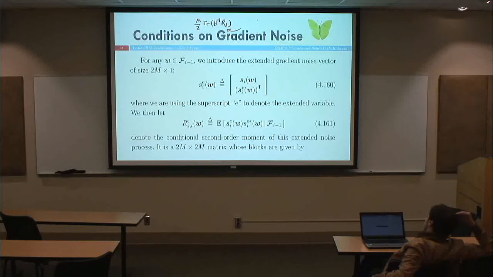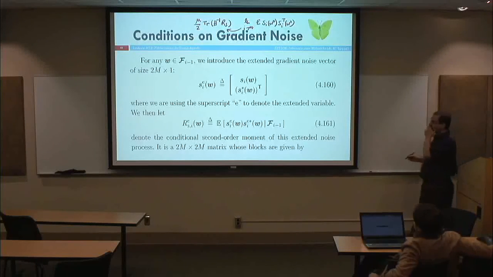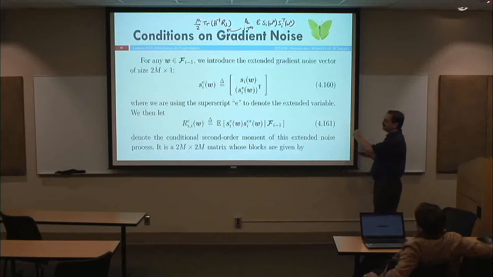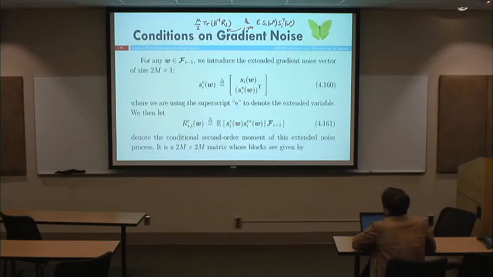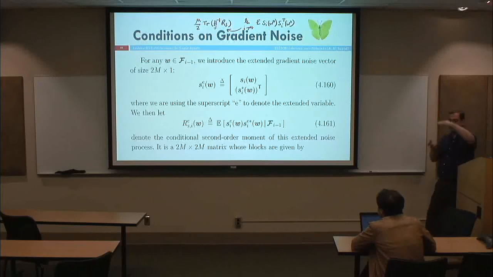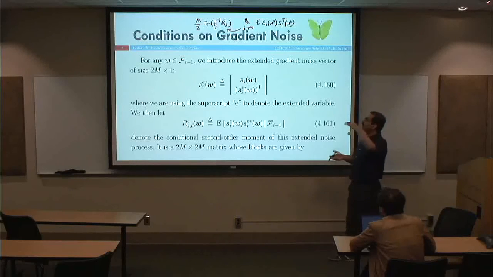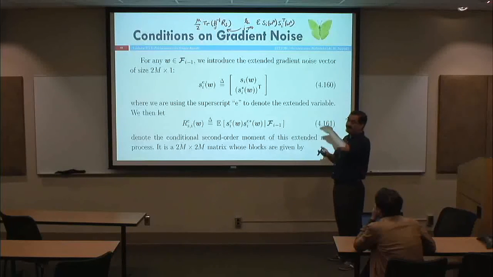This RS was the covariance of the noise itself at omega 0, the limit of this as i goes to infinity. Now, in the complex case, the argument will show that this RS needs to be enlarged, because remember, in the complex case, the Hessian matrix is 2m by 2m.